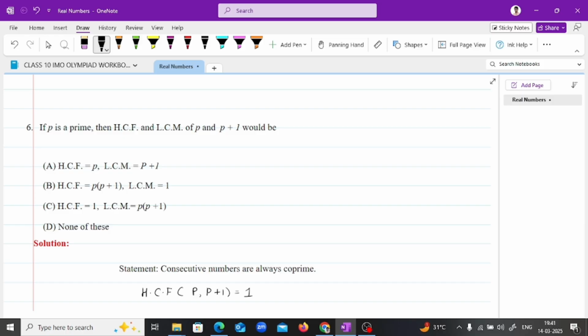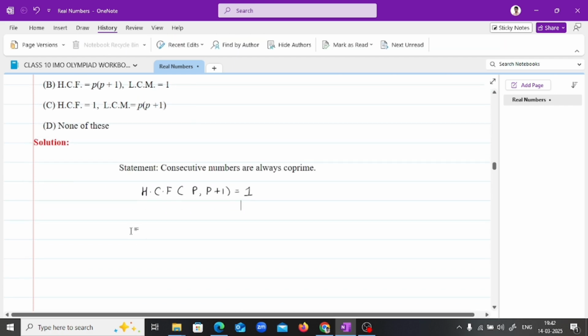Now we can easily find the LCM of P and P plus 1 by using the HCF LCM relation. We know that HCF into LCM of any two numbers is equal to the product of those two numbers, and the two numbers are P and P plus 1.